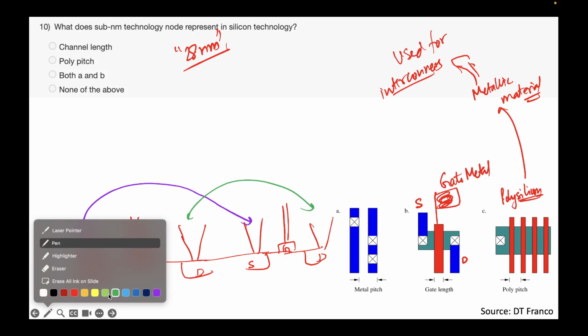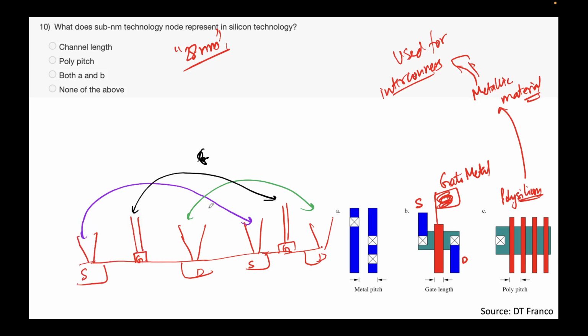Now you can clearly see the way I have drawn this is ridiculous. All the lines are crossing each other, they'll short. That doesn't happen. They increase the height of these structures, cross over, take it out on the other side, behind your screens, and then they make interconnects. These are the interconnects that I'm talking about. I do not have a good diagram here, but these are the metal lines in this semiconductor circuit, or rather sub-circuit.